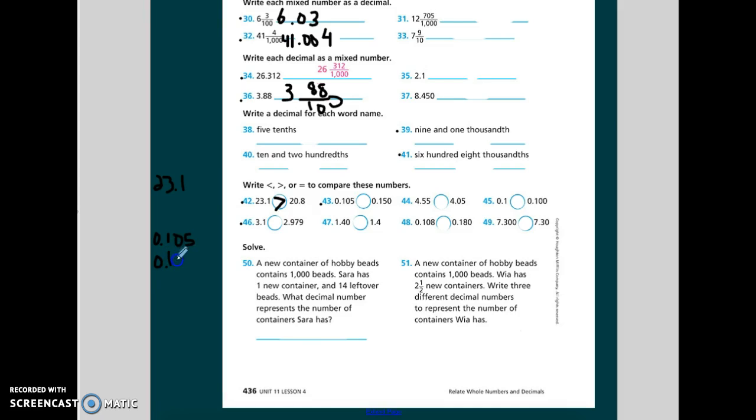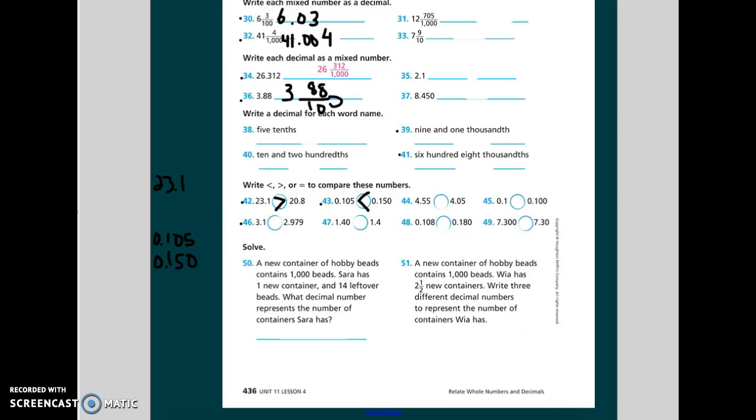Okay, again, we start on the left. We look for all the things that are the same. So the zeros are the same? Yes. Ones are the same? The tenths are the same. When I get to the hundredths, I see, oh, 5 is bigger. So I know that 150 thousandths is greater than 105 thousandths.